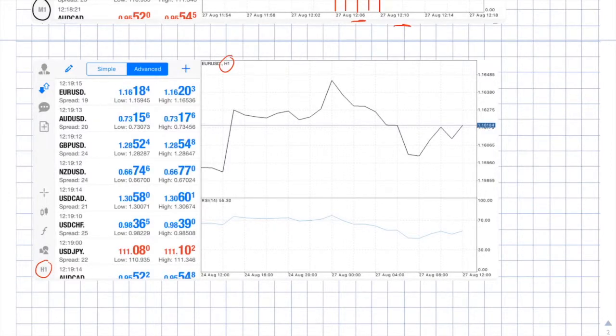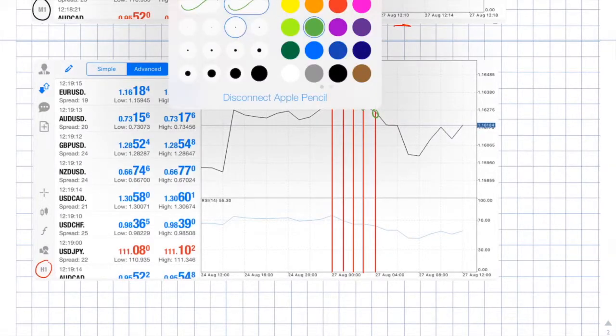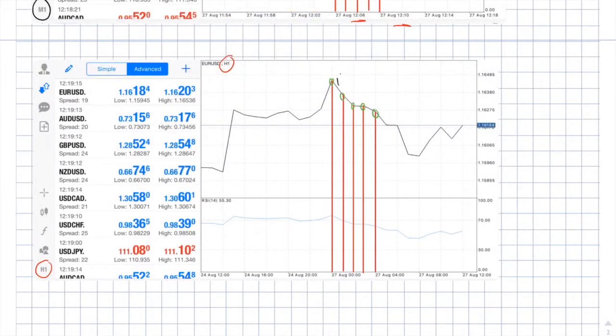I'm going to draw a red vertical line again, like in the previous one, but this is at 12 a.m. As you can see at the bottom, it says 27th August 0000, which is 12 a.m. Then I'm going to draw another one, and this represents 1 a.m., 2 a.m., 3 a.m., and 4 a.m. This is verified at the bottom, where it says 27th August, 4 a.m. So each of these vertices no longer represents 1 minute, but 1 hour. I hope you've understood this concept of time frame.